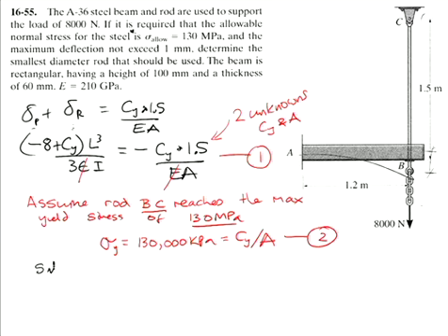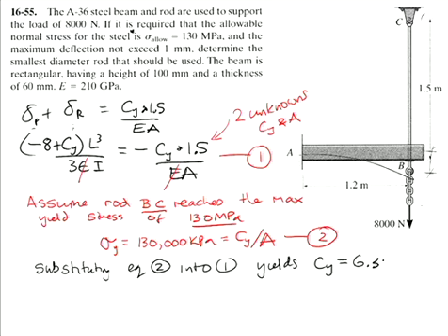So now, substituting equation 2 into 1. Hopefully you can all do that maths yourself. Yields a value of CY equal to 6.3 kilonewton. So we now have a proposed force that will be in that cable, and we can work the area out.